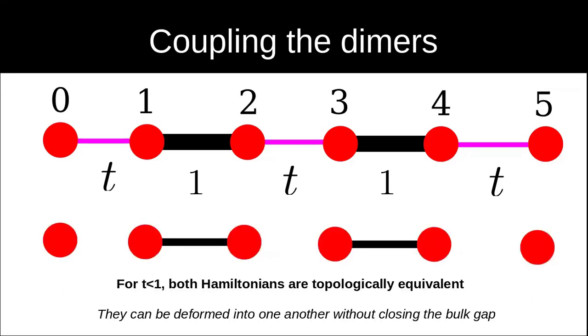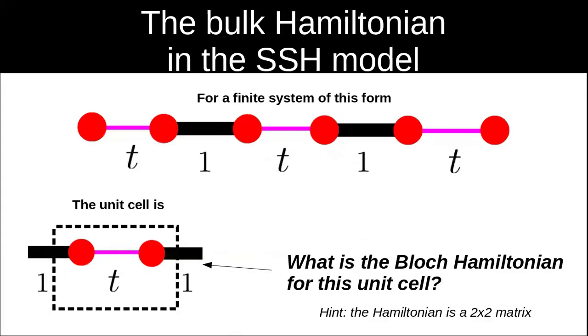And it turns out that even if you couple sites 0 to 1 and sites 5 to 4, then the surface states survive. There are several ways of thinking about it. You can think that if t is much smaller than 1, you are essentially coupling a zero mode to an insulator, so the zero mode is going to stay there. And you can also think that you can actually deform these Hamiltonians onto each other. So you can show that they are topologically equivalent.